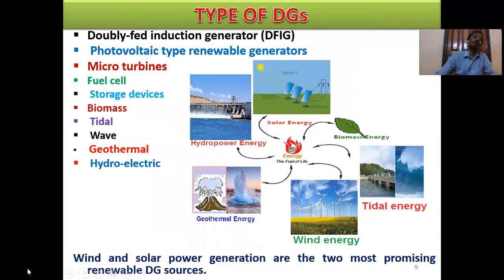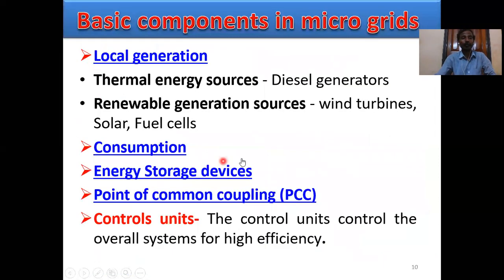Next, types of DGs. Different types of DGs are doubly-fed induction generator or DFIG, photovoltaic type renewable generators, micro turbine, fuel cells, storage battery, biomass, tidal, wave, geothermal, and hydroelectric. Wind and solar power generation are mainly more advantageous. Basic components in microgrids.